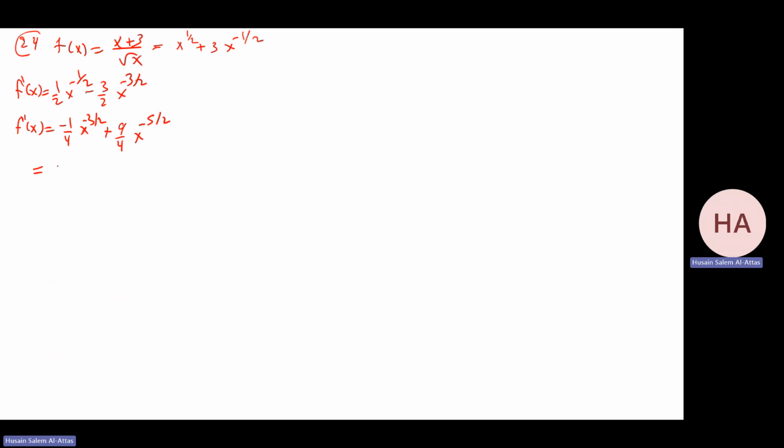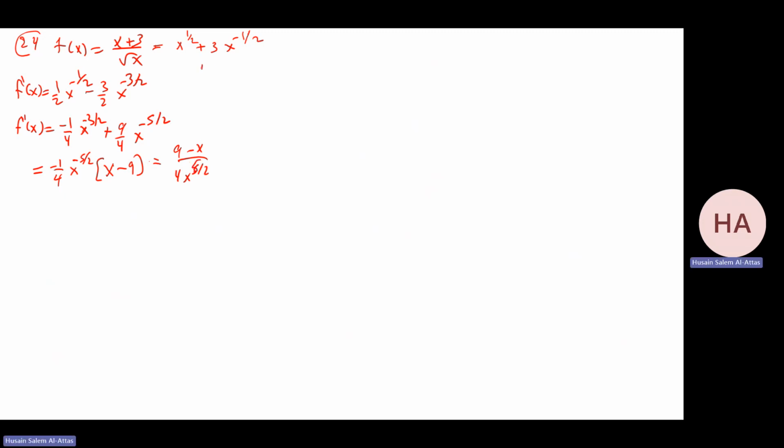So I can take minus 1 over 4 x to the minus 5 over 2 as a common factor. What's the remaining? The remaining here is x, and this is minus 9. So it is (9 minus x) over 4x to the power 5 over 2.